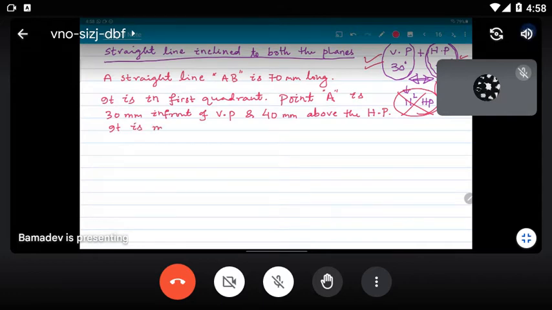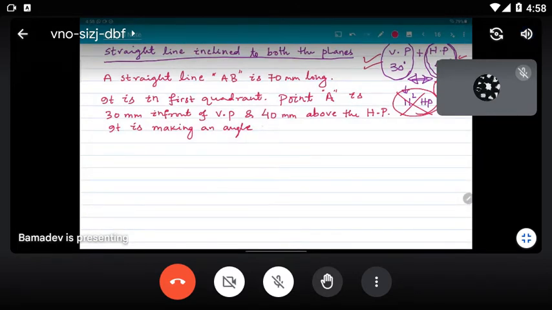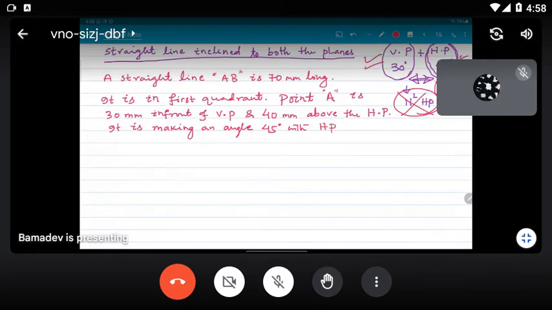It is making an angle 45 degree with HP and 30 degree with VP.